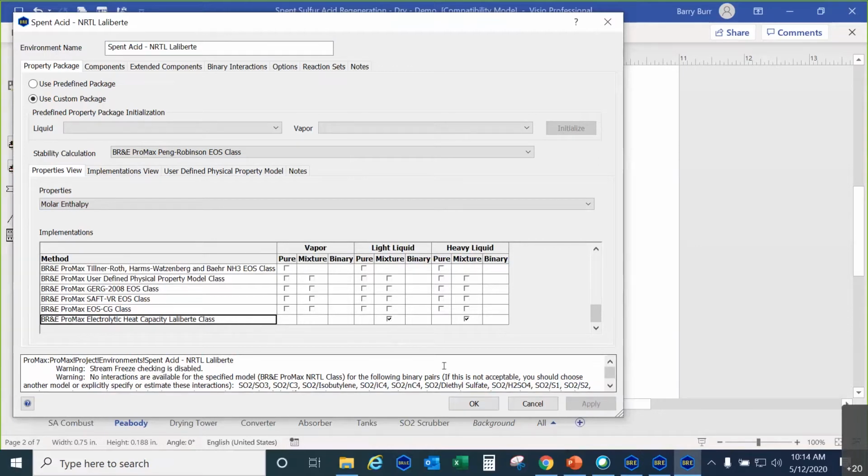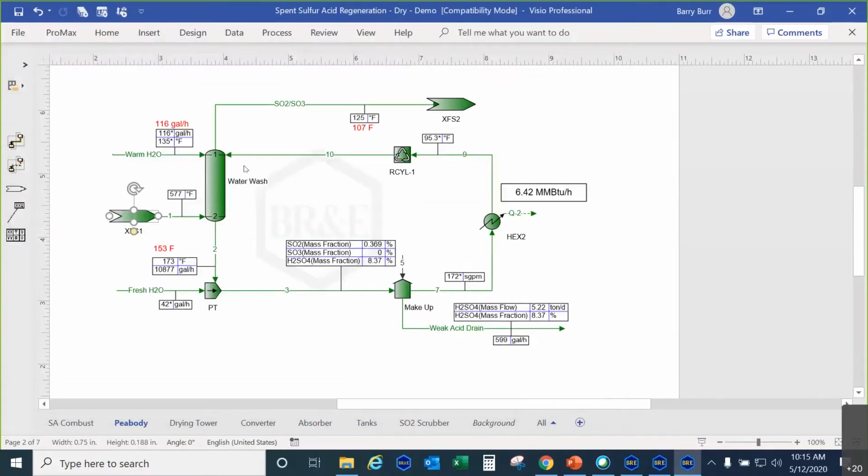And I'm trying to get this kind of complicated environment configuration improved, so it's one of the predefined packages that is much easier to use. But in the meantime, we have to go through this step to make these changes to invoke this Laliberte class, and that lets us simulate the phase equilibrium for stronger acids and bases in the liquid phases.